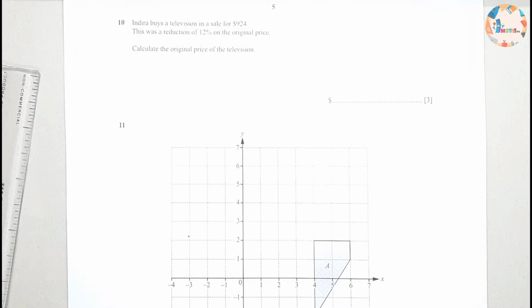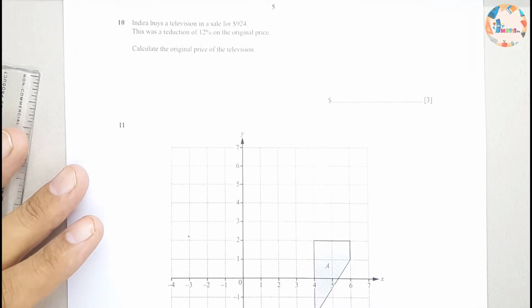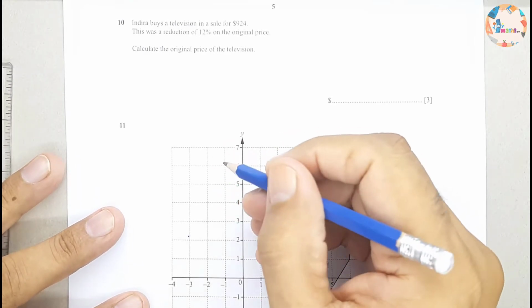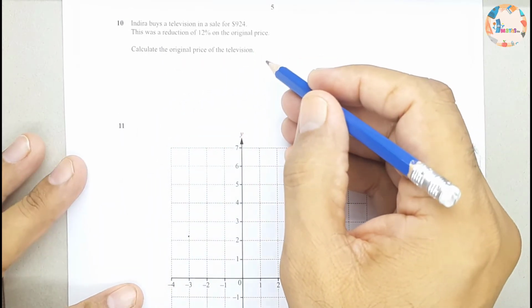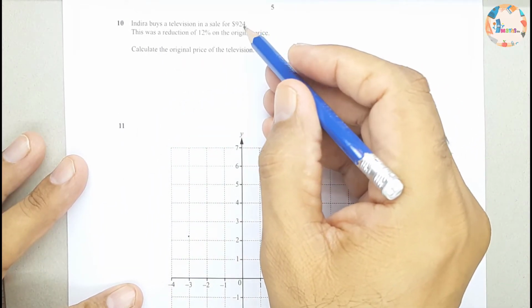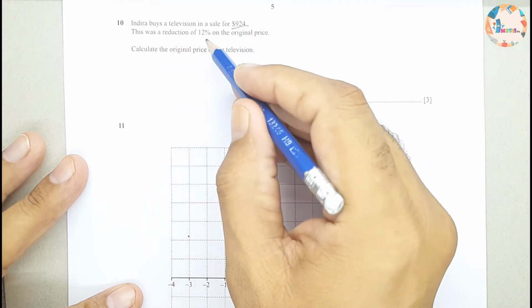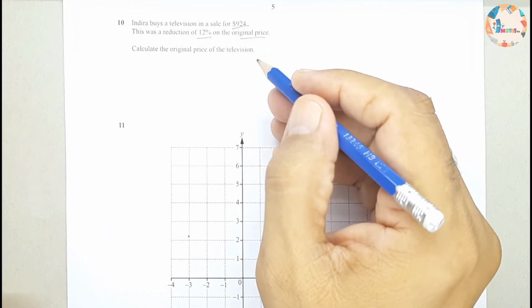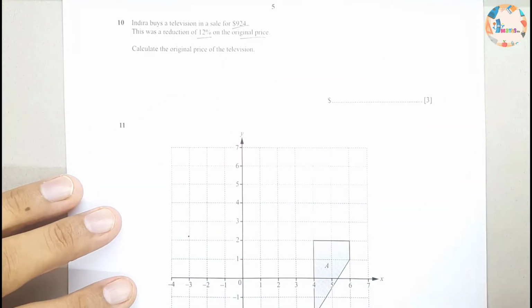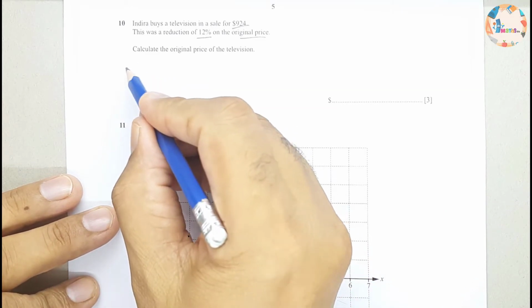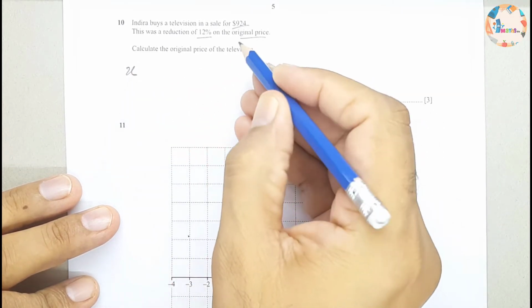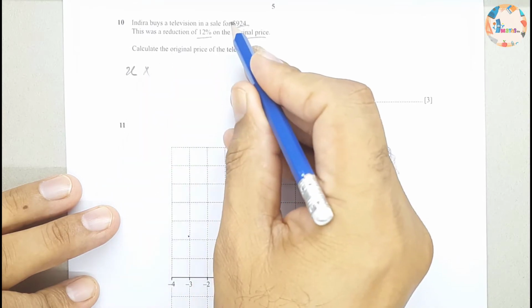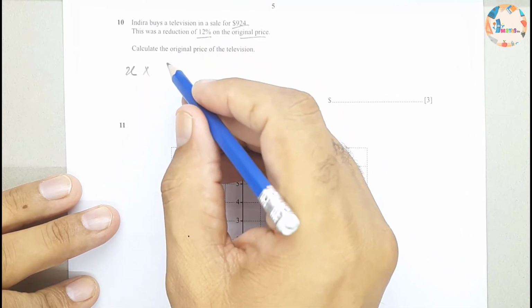Question number 10. This is not a transformation question, this is a percentage question. This is a sale price and the reduction is 12%. The original price we have to calculate. This is basically a reverse percentage question. So we take x as the original price, and 12% is the reduction, so 100 minus 12 will be 88.